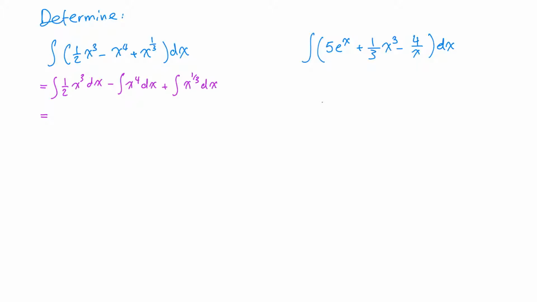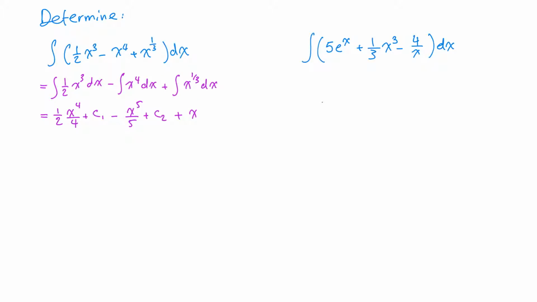After this, I will get 1 over 2 times x to the 4 over 4 plus c, let's call this c1, minus x to the 5 over 5 plus c2 and plus x, and here in all of them, all I'm doing is adding 1 to the exponent and dividing the whole thing by the exponent plus 1.